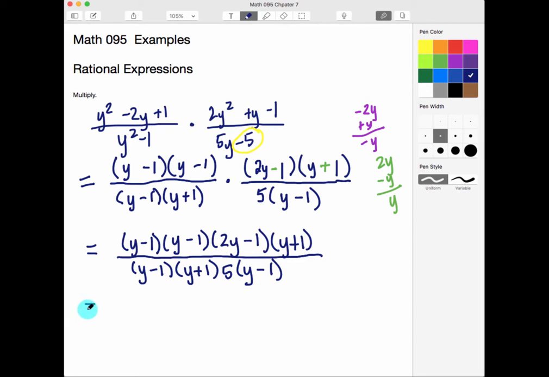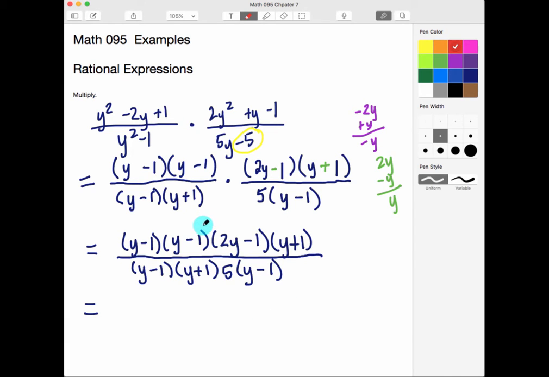All right, so everything's with one fraction bar. Now I can continue this problem by canceling out any factors that I see similar in the numerator as well as the denominator.